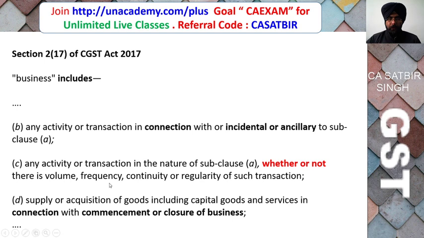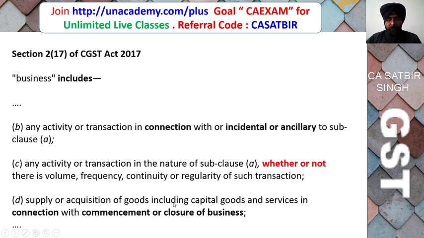Frequency will also not matter, whether for 1 month or 2 months. Continuity will also not matter, whether you are doing it continuously or after a gap of 1 month or 2 months. Regularity is not required. Thus, even a one-time transaction can be termed as business. So it is a very wide definition.